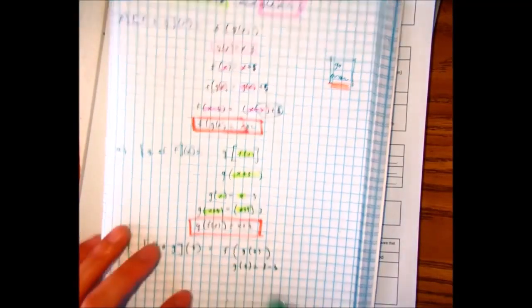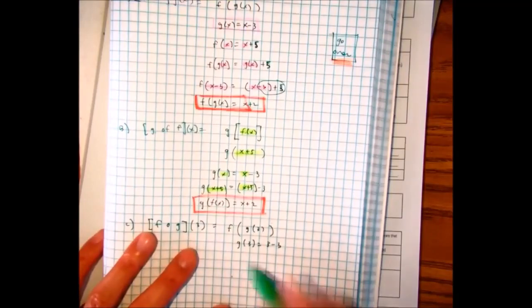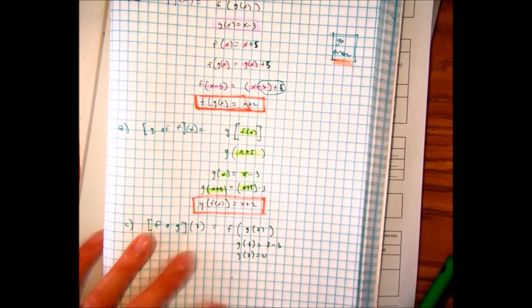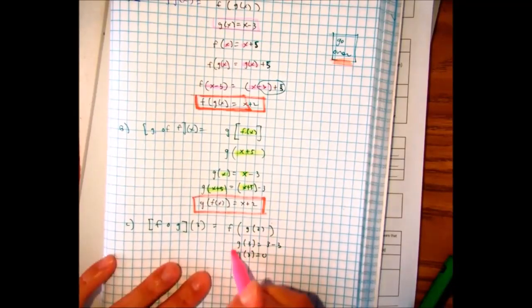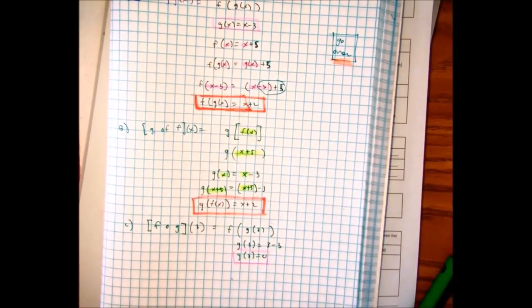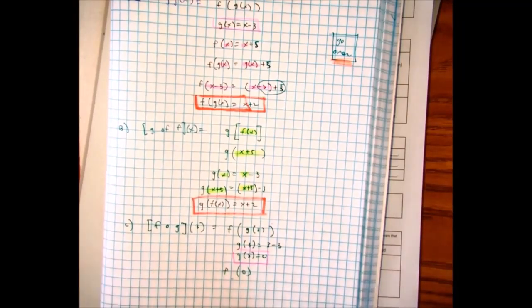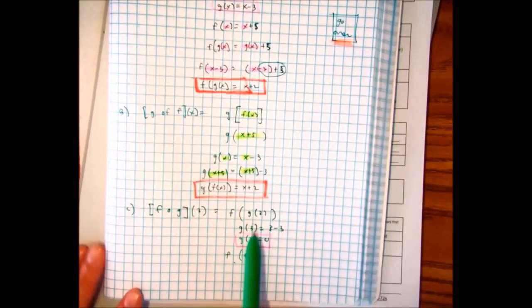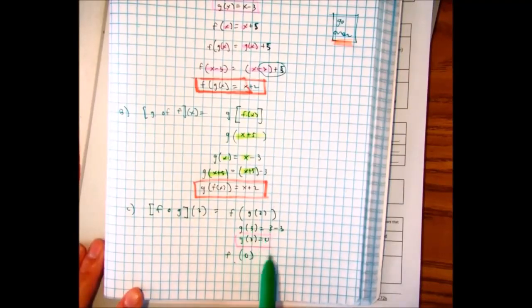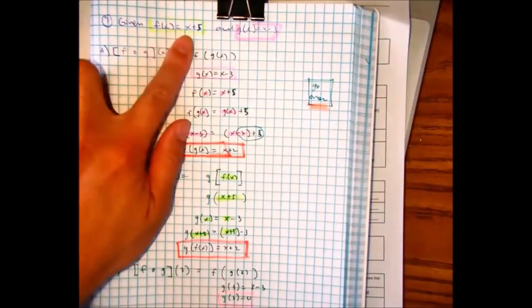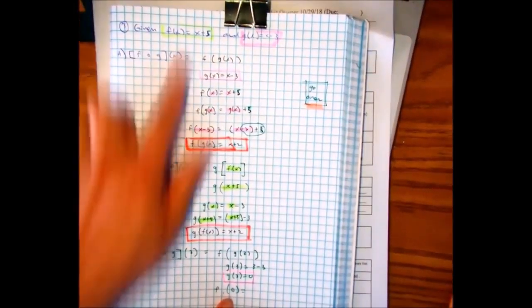Alright, so now that we said 3 minus 3 is 0, basically what we're going to find is now f of 0. So here's my first substitution, and now is my second substitution. In my function of f, instead of writing x, I'm going to write 0.